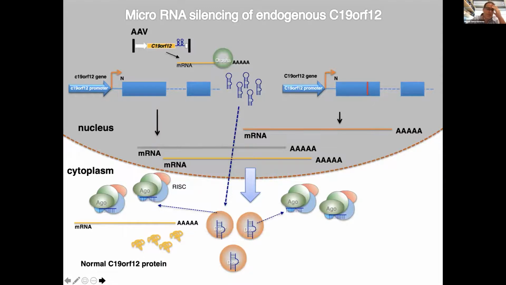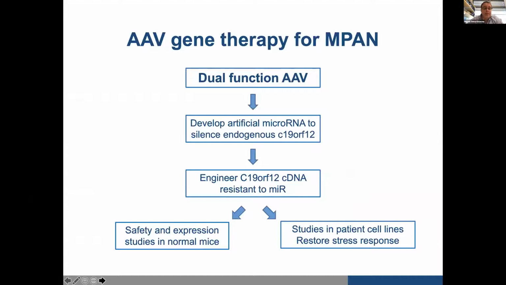But the limitation there is that you would have to develop an allele-specific approach for every single patient or different mutation that is out there. So instead of doing that, you can silence the expression of both alleles and re-express a normal protein based on what you are encoding from the AAV vector. So the path forward is essentially developing a dual function AAV.